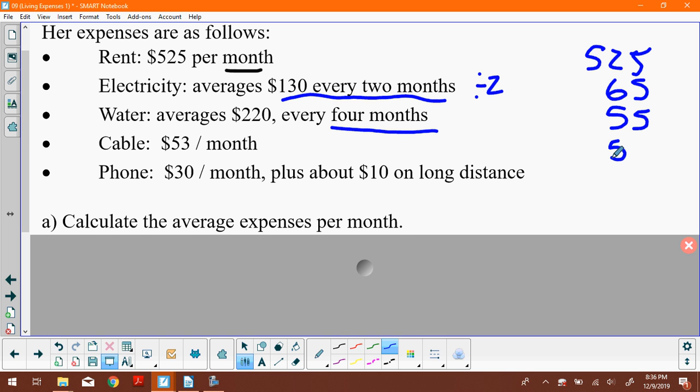Cable stays the same, and the phone totals $40. So we just have to add those up now. I got $738 when I added those up. So that is our average expense per month, $738.